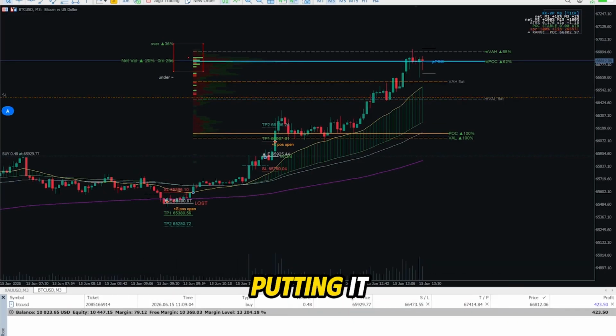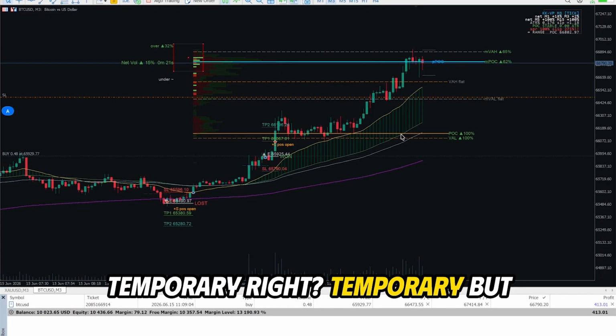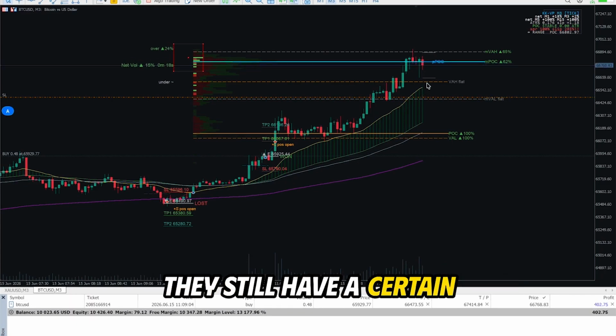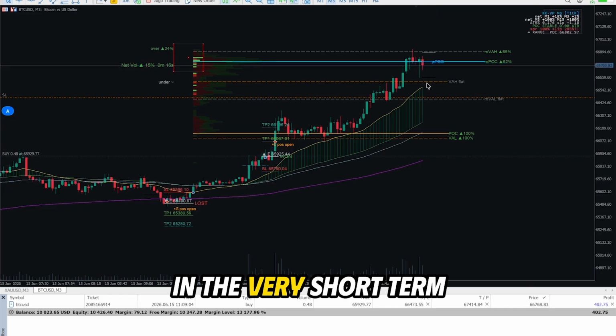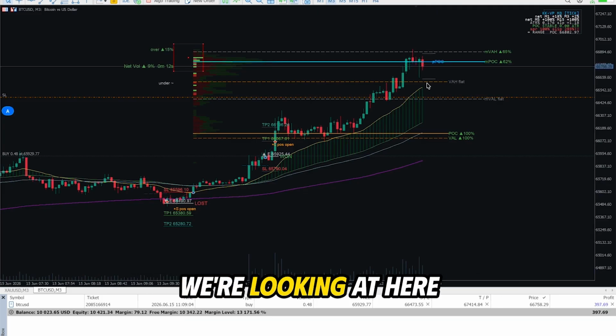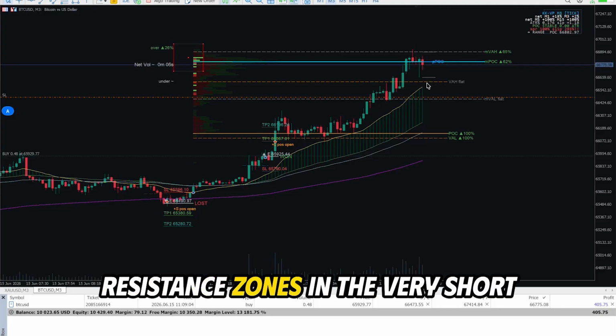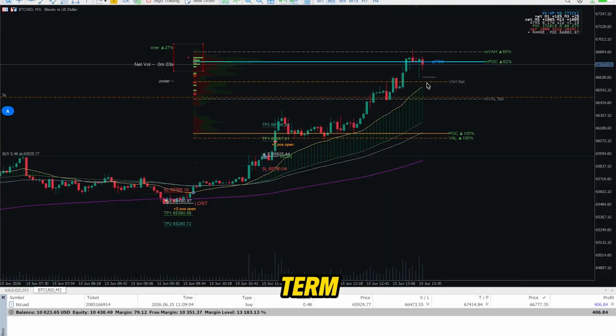That's my way of putting it. So the yellow zones are just temporary, right? Temporary, but they still have, in the very short term, specifically the 40 to 60 minutes we're looking at here, they can still be used as resistance zones.